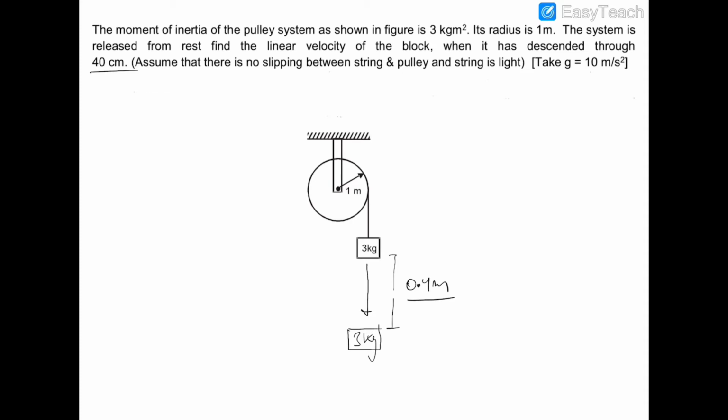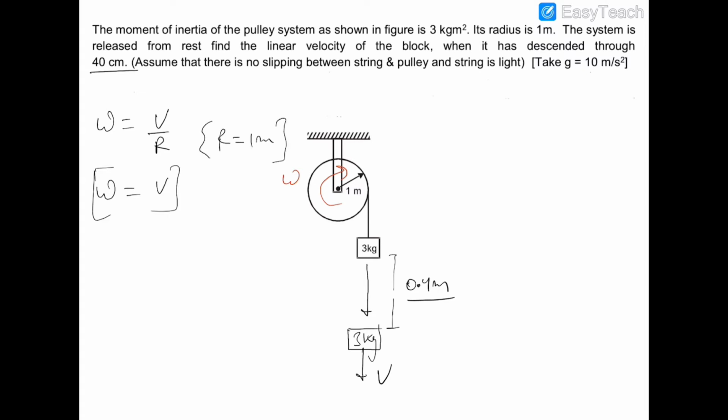So let us suppose that the velocity of this block is v, and obviously when this block would be moving in the downward direction, then this pulley would be rotating in clockwise sense with some angular velocity omega, and omega and v would be related to each other by the relation omega is equal to v upon r. So this is omega, and radius is given as 1 meter, so this is v.